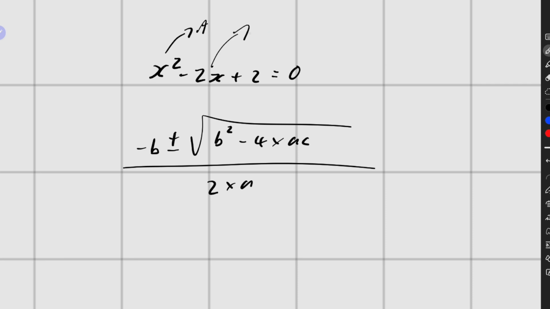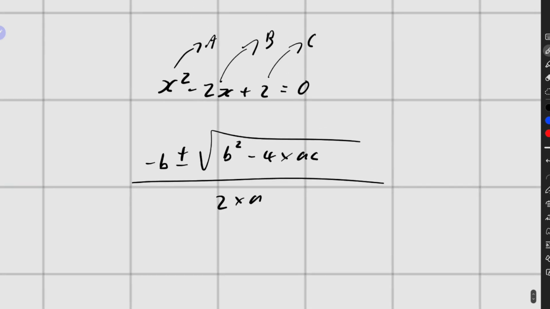The middle x term, its coefficient is going to be b, and c is just 2, right? The coefficient of x squared is just 1, because there's always a 1 in front of these variables, you just don't write them. It's like basic maths. Coefficient of b is going to be equal to -2 and c equals 2, right?